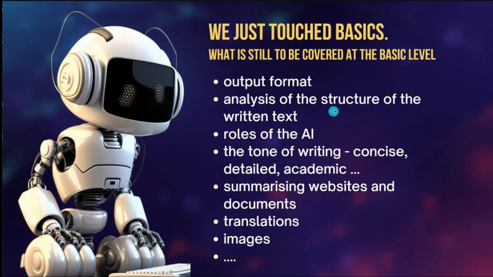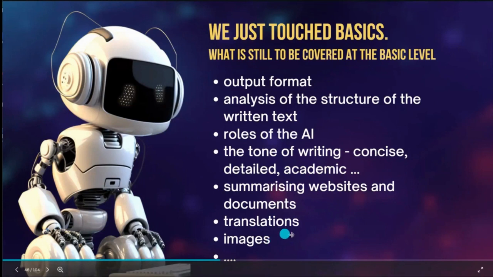We can do an analysis of the structure of the written text. Then we can define the roles of the artificial intelligence. Then we say the tone of writing, how the system should do it, maybe academic, maybe detailed. Or we can also summarize websites and documents, do translations, and we can also do images, so prompts for images.